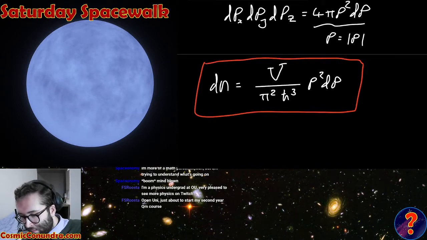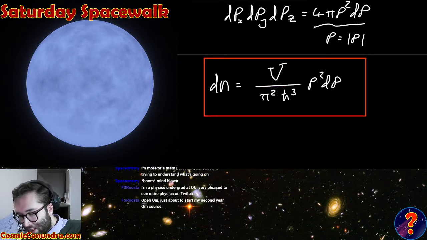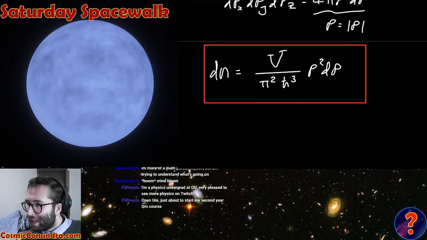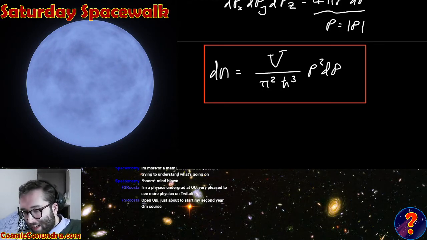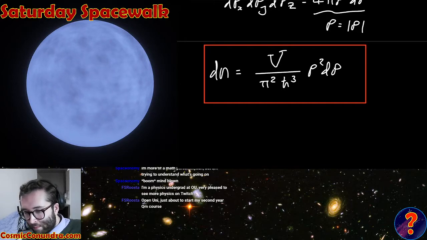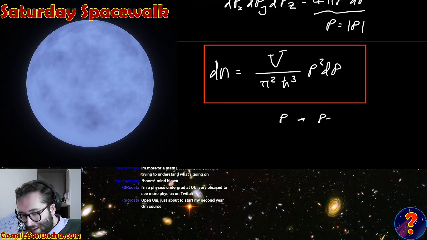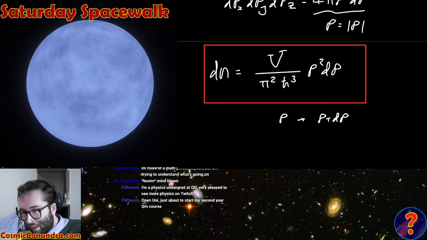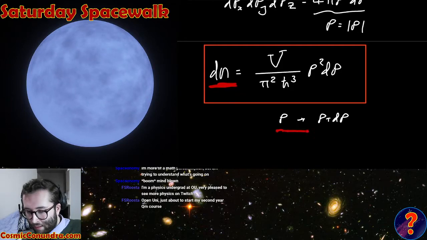And this is an important equation. This equation here is sometimes called the density of states. It tells us that if we're labeling our system in terms of momentum, having a range of momentum between p and p plus delta p, there will be this number of states you can cram in between this momentum range.